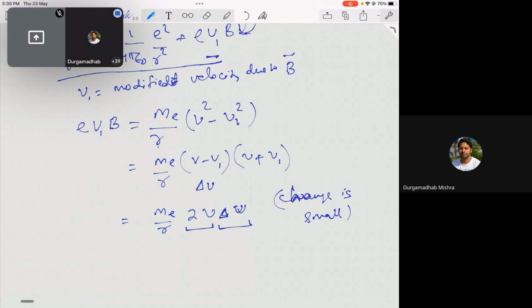It can be 2V or 2V1, so you can cancel out V from both sides.